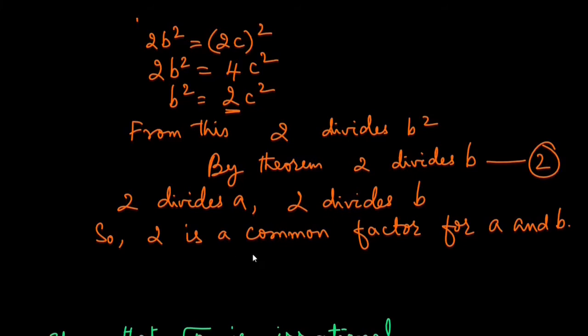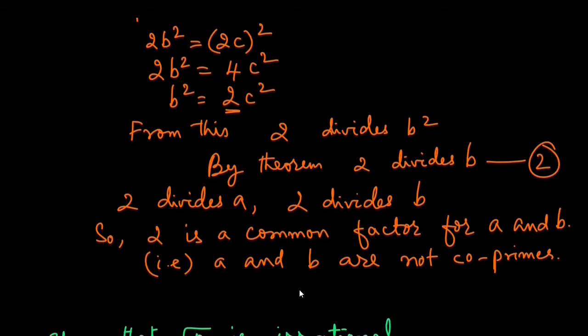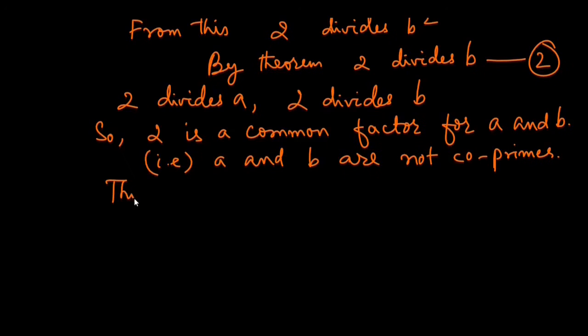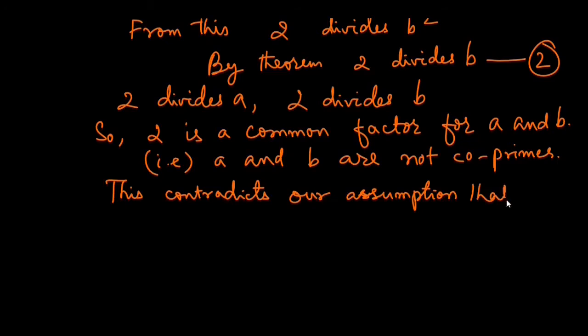That means a and b are not co-primes. This contradicts our assumption that a and b are co-primes.